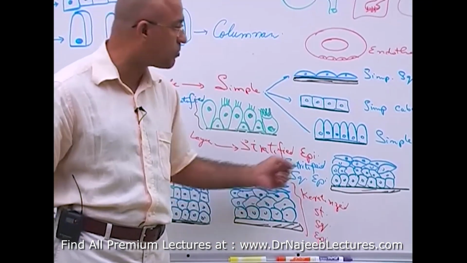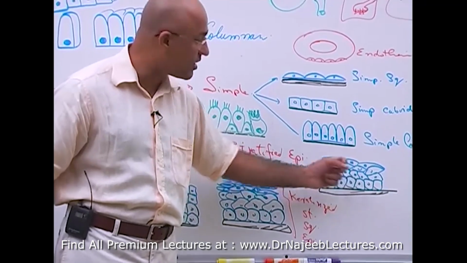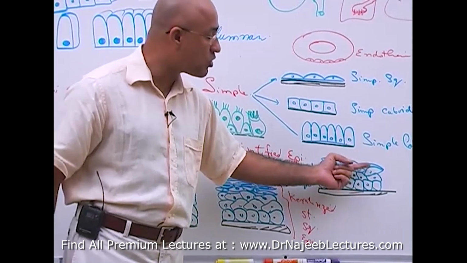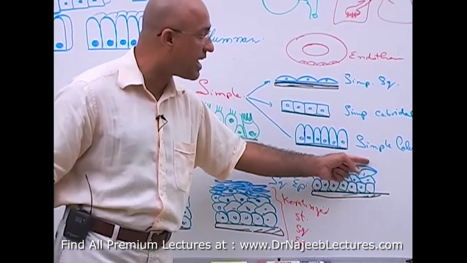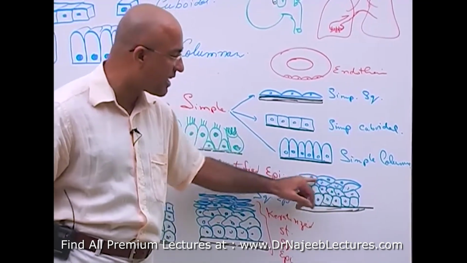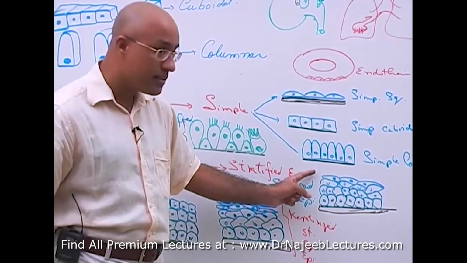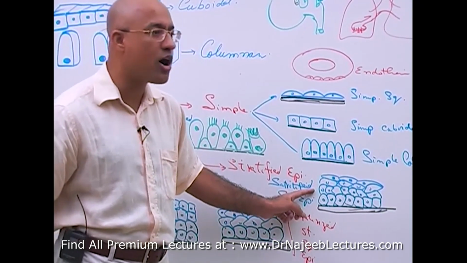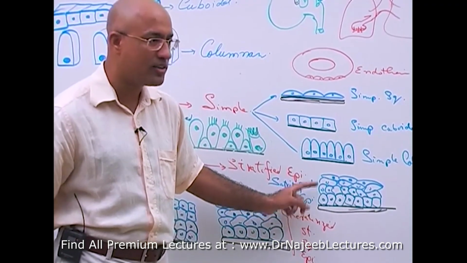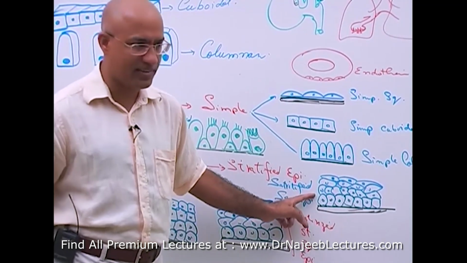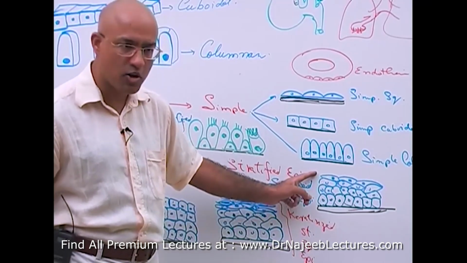But look, if you compare these two epithelia, both of them are stratified squamous epithelia, but this is cornified or keratinized, while that is not keratinized because here the top cells have nuclei, not flat cells without nuclei with keratin. So the top cells, even though flat, have nuclei. So what do we call it? Stratified squamous epithelium non-keratinized, or stratified squamous epithelium non-cornified. This is keratinized, that is non-keratinized.